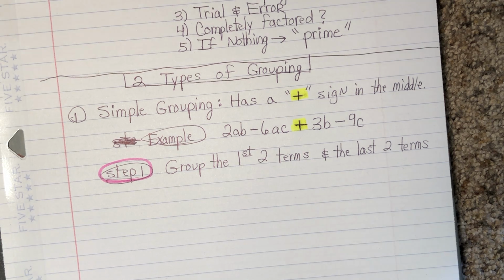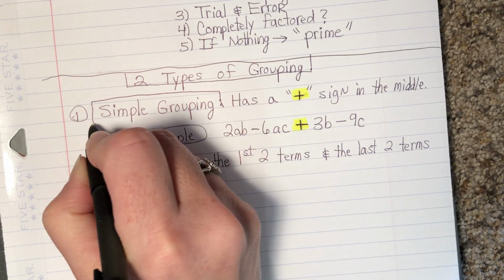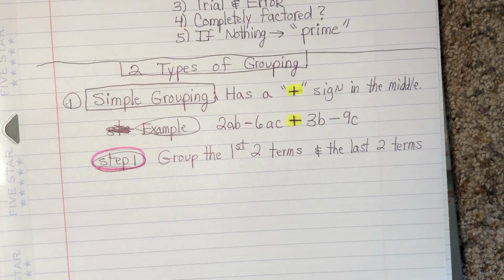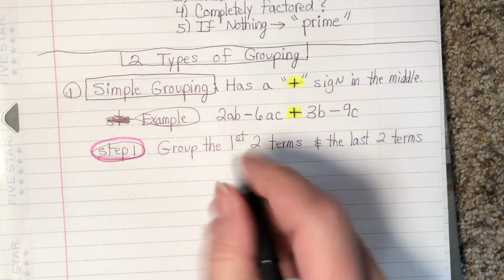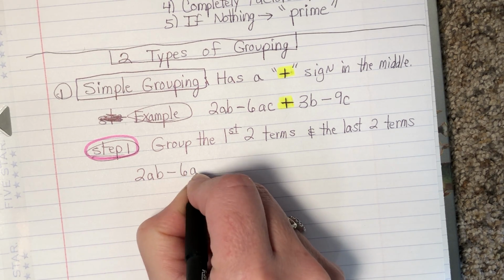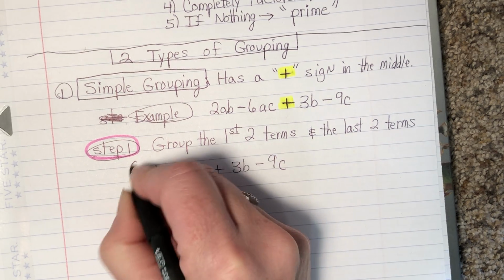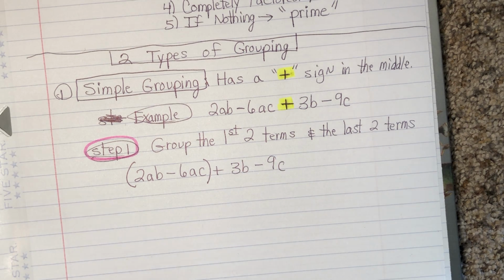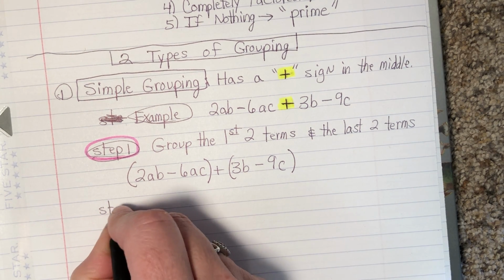So simple grouping, and I'm going to put a box around this so you can identify the type. So that means I'm going to rewrite my problem for a minute. Plus 3b minus 9c. I'm going to group the first 2 terms, put a parenthesis, group the last 2 terms, put a parenthesis. Now, that's easy.